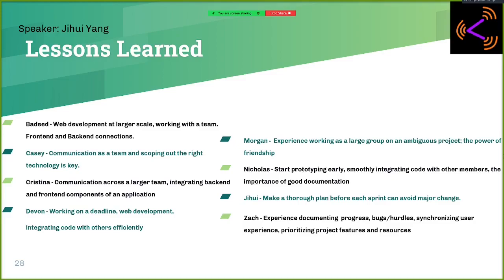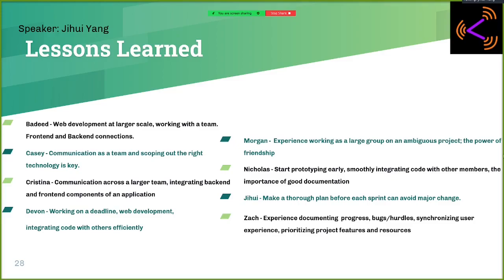Cristina's lessons learned are about communication across a larger team and integrating back-end and front-end components of an application. Devon's lessons learned are about working on a deadline, web development, and integrating code with others efficiently.